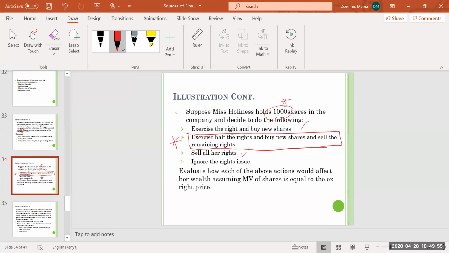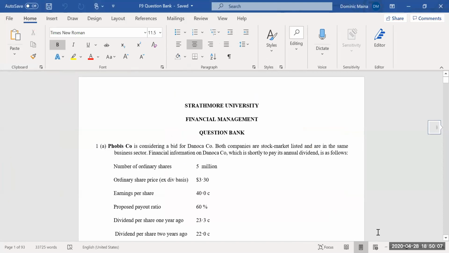I would want us to go to our question bank and do some of the questions that your examiner has asked in the previous sitting. So refer to your question bank.